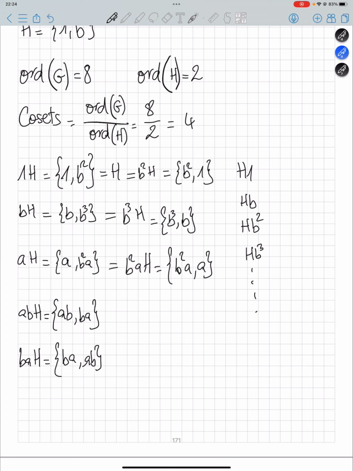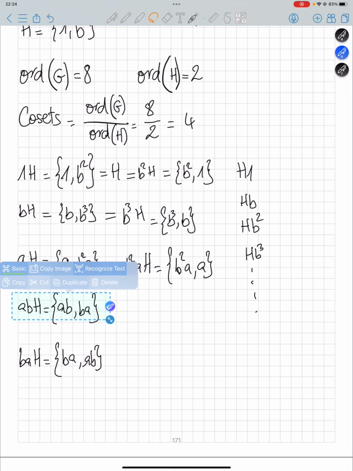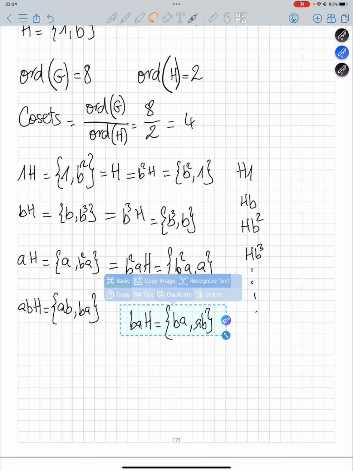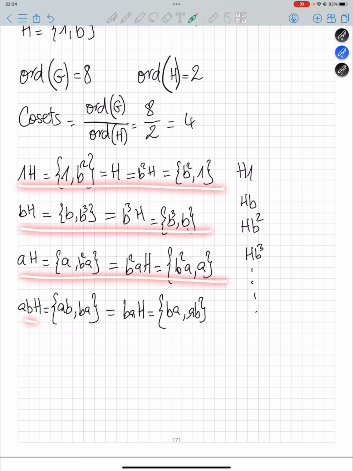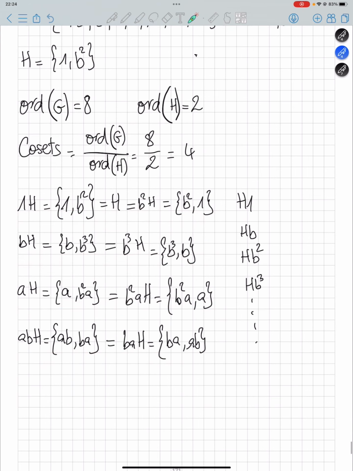Now here we have AB, BA, AB, BA, they are the same, so this one here is the same as this one here. So in total we have 1 coset, 2 3 4 distinct left cosets, as we expected to be.